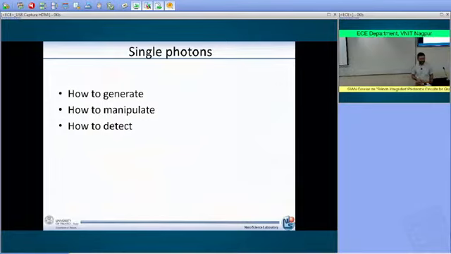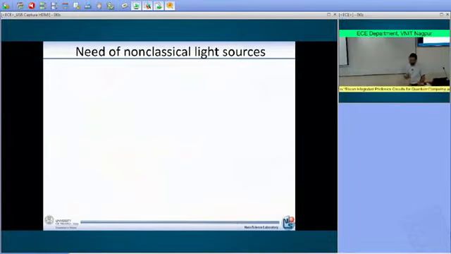So there is a need to generate what are called non-classical light sources. Non-classical means light sources that are able to generate a single photon. Classical light sources like a laser, a lamp, or a black body generate a huge amount of photons. Here we want to generate a single photon.